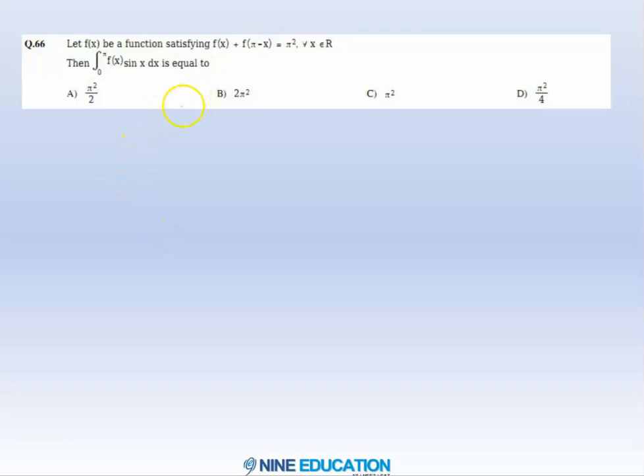Question number 66 is, let function is satisfying f of x plus f of pi minus x equal to pi square, then integral 0 to pi f of x sin x dx is equal to. So let us suppose we have this given integral 0 to pi f of x sin x dx basically, and this is equation number 1. So we can apply the property in this question that same integral I can write lower limit plus upper limit minus x in place of x.